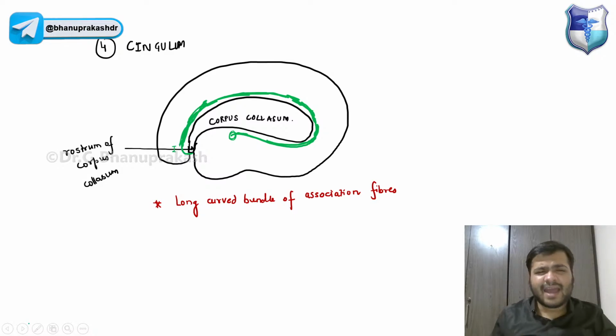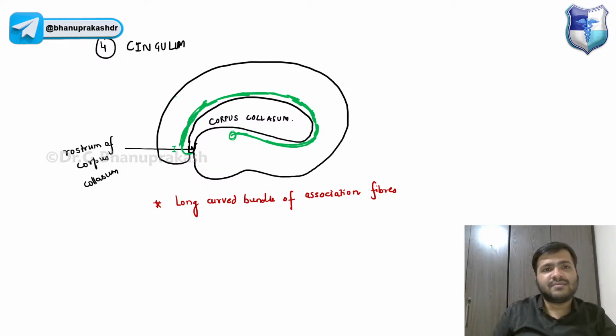That is something and function is like you already know throughout its course it will give off fibers to connect the different cortical areas. So all those are the components of the limbic system, guys. You already know the isthmus, the paraterminal, paraolfactory, cingulate gyrus, so they are the limbic.